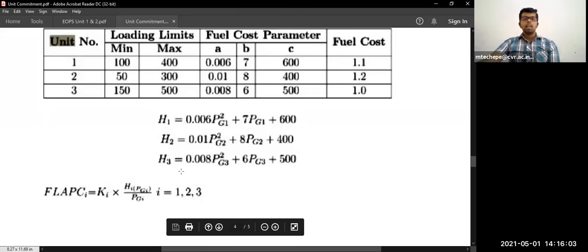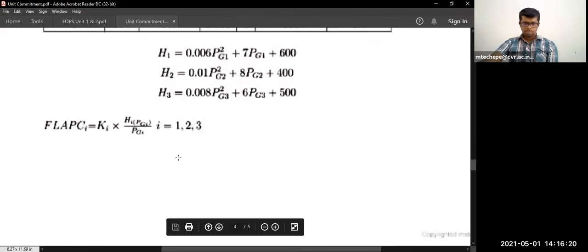Here it is given as 3, so i is equal to 1, 2, 3. So FLAPC i is equal to Ki into Hi of PGi divided by PGi. This is the general formula, first step.